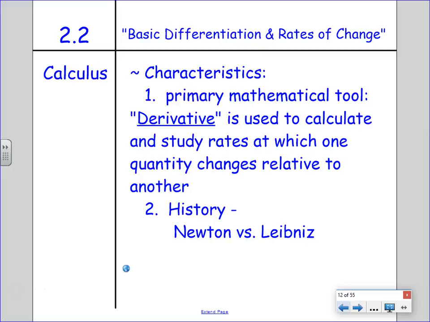History, there's this whole battle between Newton and Leibniz, and maybe we'll come back to that at some point. We're just kind of talking a little bit further about calculus, where it comes from, etc. But when you see rates of change in section 2.2, that is the primary application of derivatives. So that's why they're introducing it.